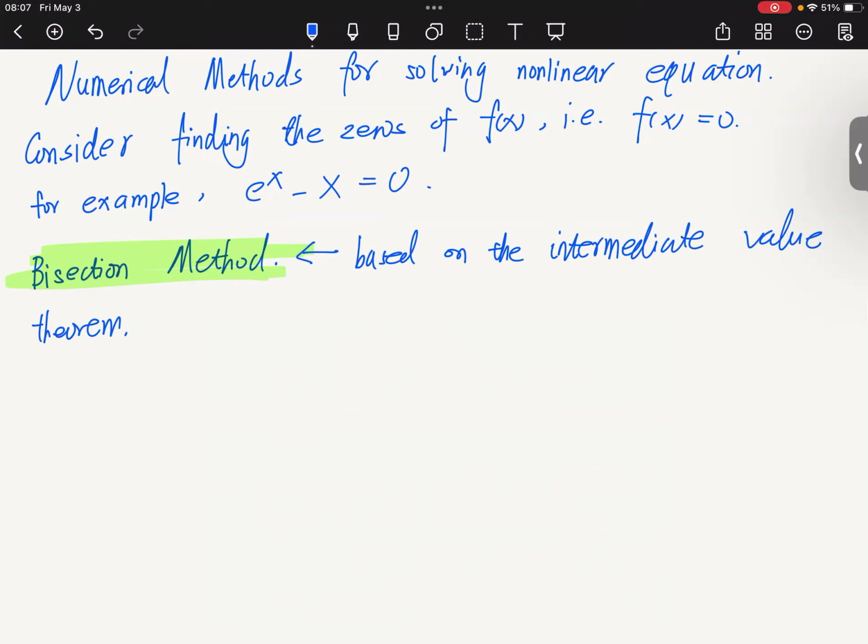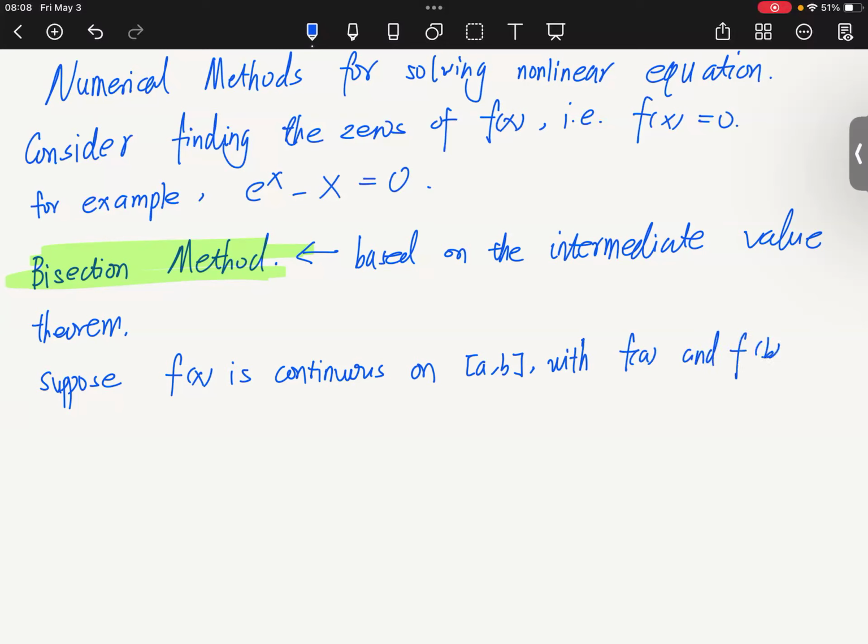Suppose we have a function f that is continuous on the interval [a, b], with f(a) and f(b) having opposite signs.